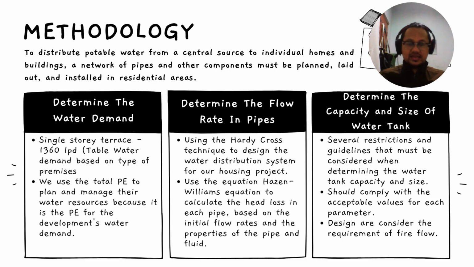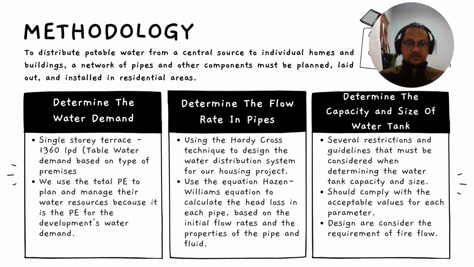water demand. And then for the second, we have to determine the flow rates in pipes. In this project, we're using the Hardy-Cross technique to design the water distribution system for our housing project. And then we use the Hazen-Williams equation to calculate the head loss in each pipe based on the initial flow rates and the properties of the pipe and fluid. And then we have to determine the capacity and size of the water tank.